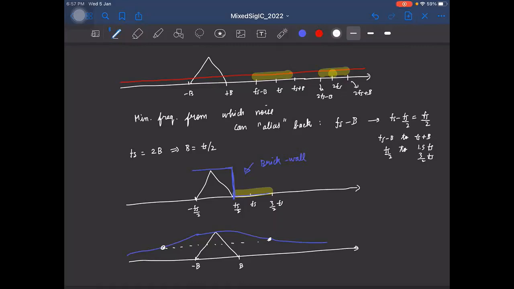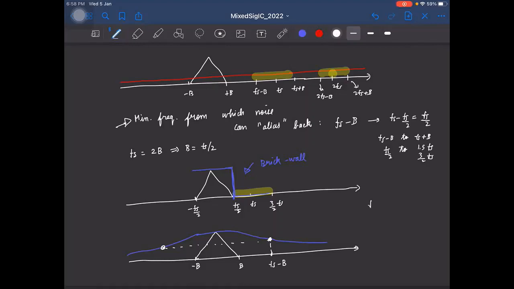So the frequency from which the noise can alias back must be at least attenuated by this level. Okay. So what do we need to ensure? We need to ensure that the minimum frequency from which noise can alias back is at least attenuated by this much, right? Because all the other higher frequencies will be attenuated even further. So what do we do? We choose this point as Fs minus B, because Fs minus B is indeed the minimum frequency from which noise can alias back, right?